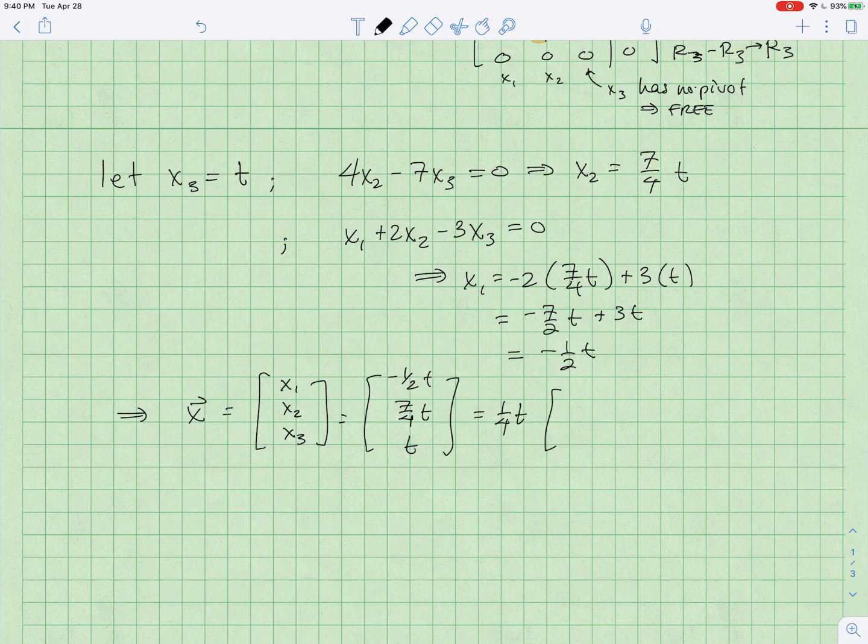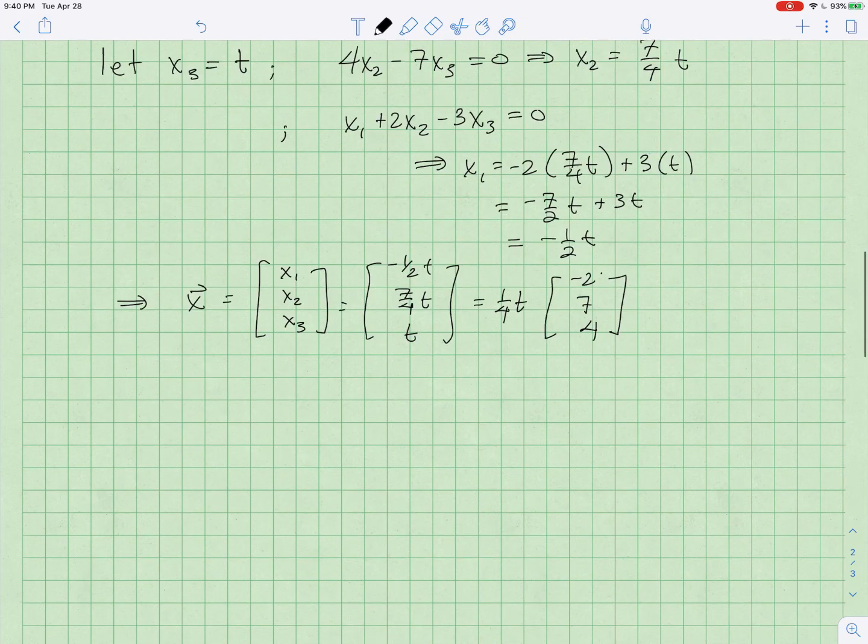Let's see, that will be negative 2, this will be 7, and that will be 4. And of course, since t is any real number, then 1/4 t is also any real number. And maybe I'll just call this s times negative 2, 7, 4.